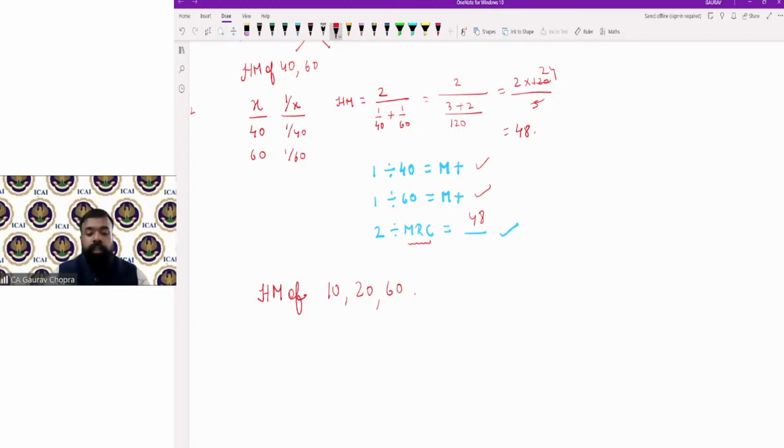Now you have to try this on your calculator. 1 divided by 10 equal to M plus. 1 divided by 20 equal to M plus. Then 1 divided by 60 equal to M plus. Now three values are there. So 3 divided by MRC, press equal to. The answer will be on your screen.